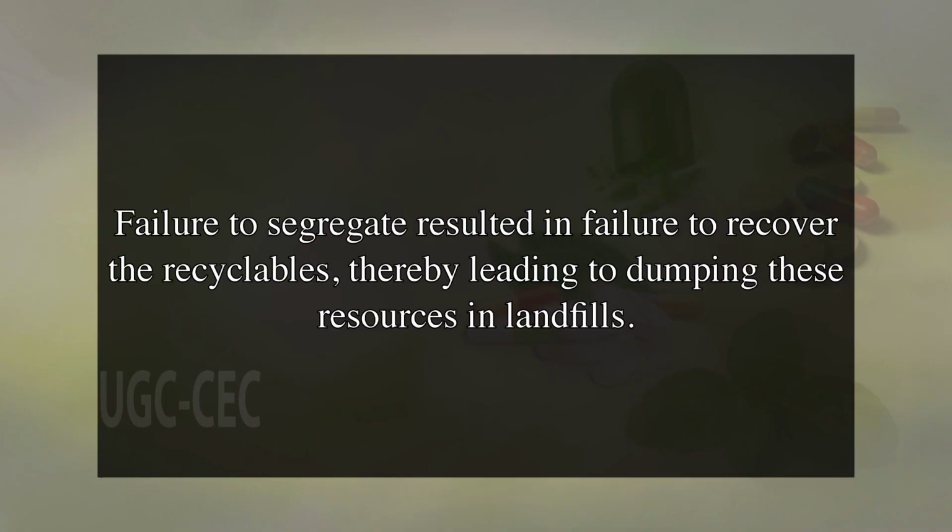The local authorities shall set up material recovery facilities or secondary storage facilities for sorting of recyclable materials. Failure to segregate resulted in the failure to recover the recyclables, thereby leading to dumping these resources in landfills. It also led to suboptimal use of precious landfill space.